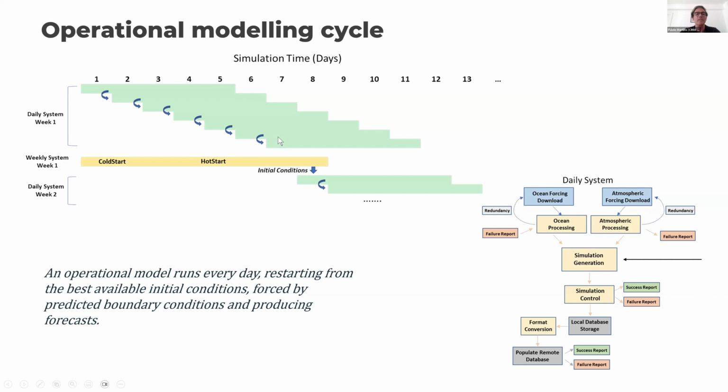For that, starting around day 6, which just takes one day to be done, we start a new cold start and hot start with new initial conditions, okay? And then we have new initial conditions to give to our downscaling model, and we start this cycle once again.